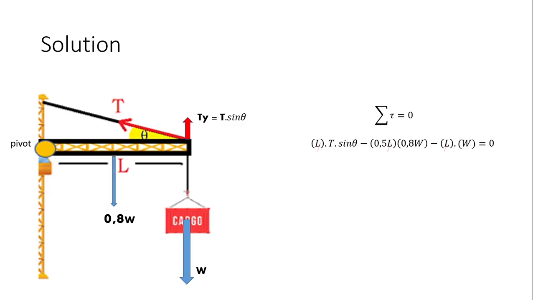You divide all by L because L is the same. Okay, we got the rope tension is equal to 1.4 W, the weight of the cargo, divided by sine theta. It's not too hard in here.